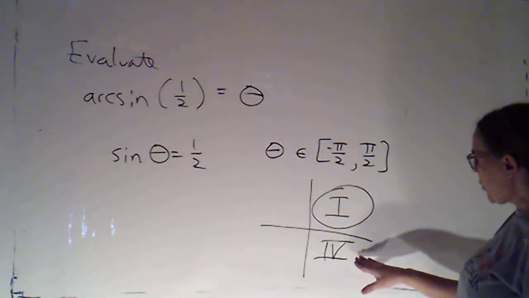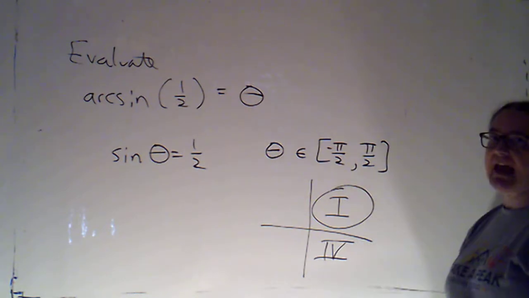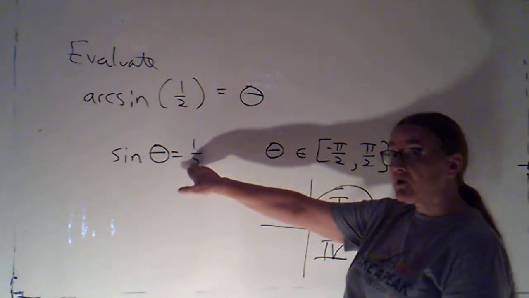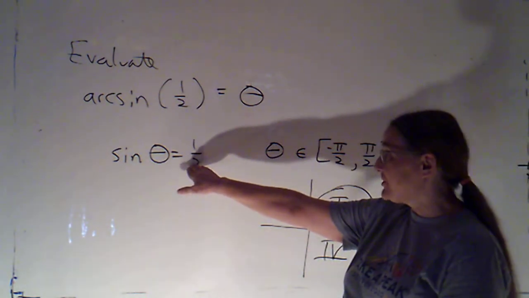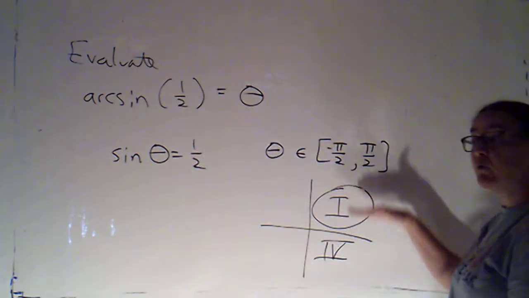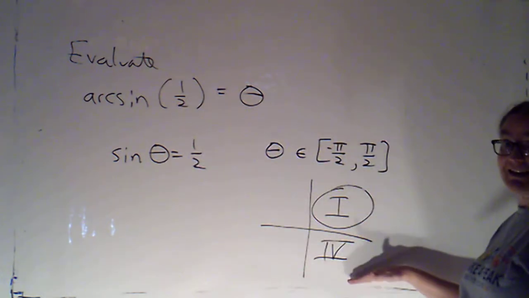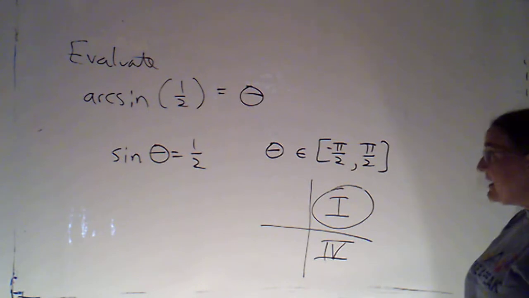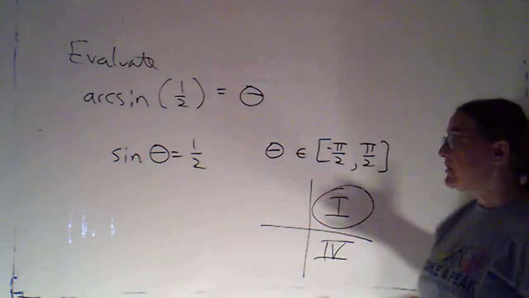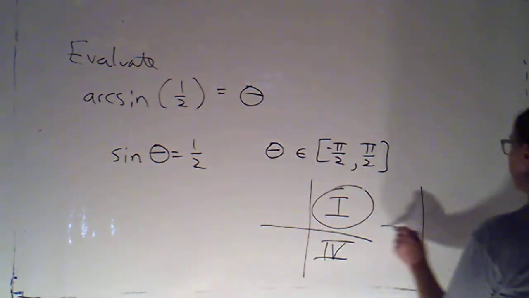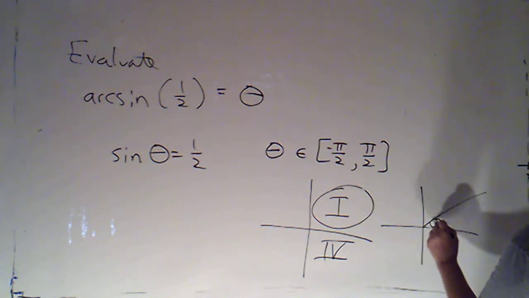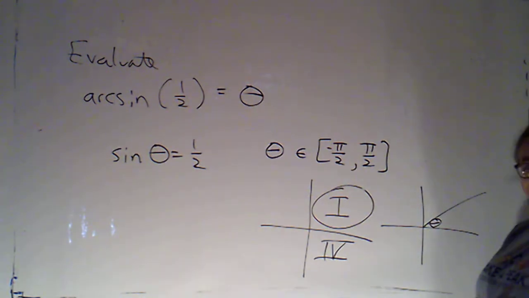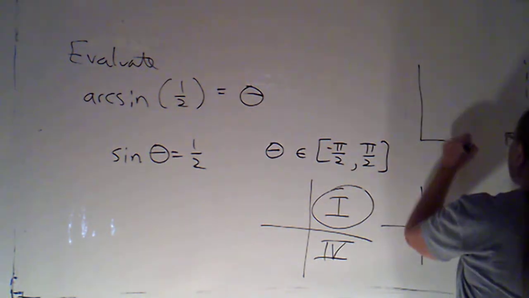Okay. If I were in quadrant 4, sine would be negative. So the plus or minus sign of the value of the trig ratio is going to tell me which of the two quadrants I'm in. Then I can look at the absolute value. If I'm in quadrant 1, I know we're talking about just an acute angle, and I know that its sine has to be 1/2. Okay, I've seen that before.